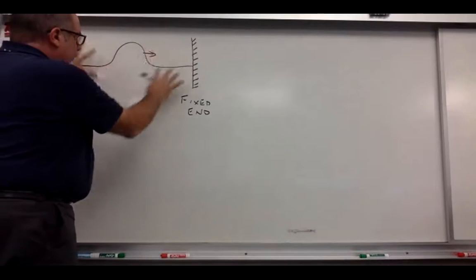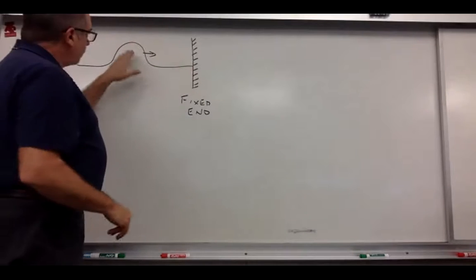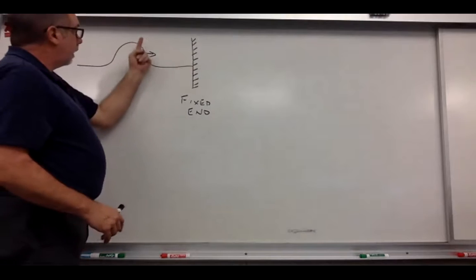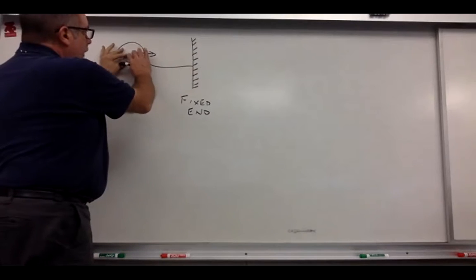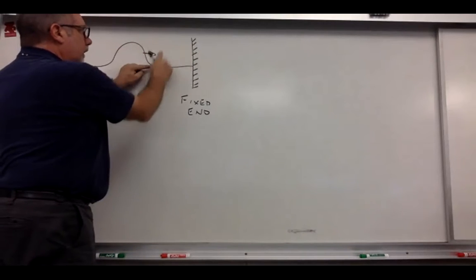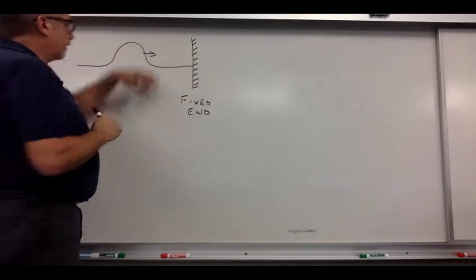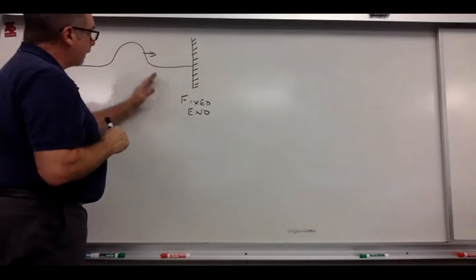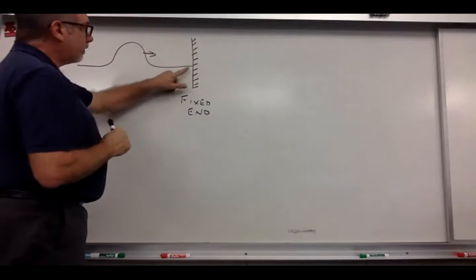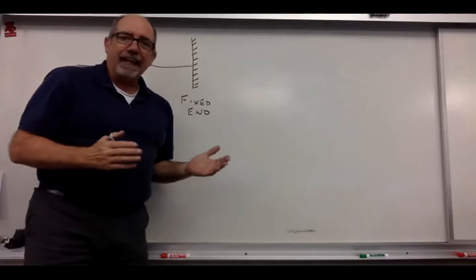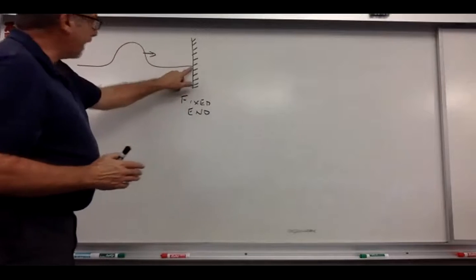Now, just talking about the spring itself, what the pulse wants to do is pull the coils of the spring up. So as this pulse travels down the spring, it pulls the coils up, okay? Just talk about the front end, it wants to pull it up. But then it gets to the wall, and it tries to pull the wall up. But it can't, because it's a wall, right? It's fixed.